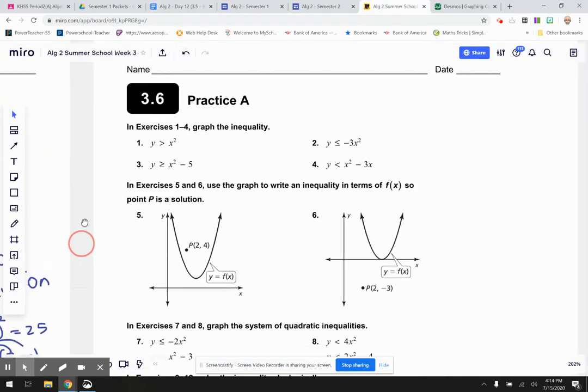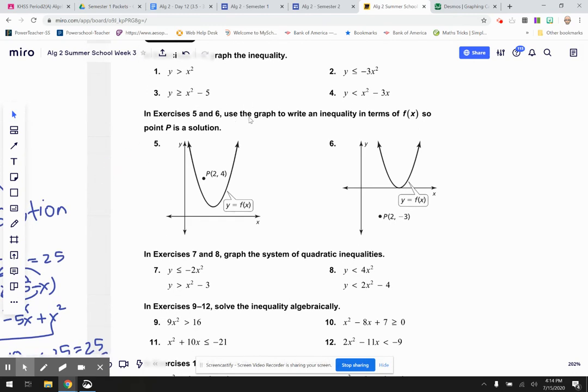Then numbers 5 and 6. Use the graph to write the inequality in terms of f of x with p as a solution. Okay, so this will just be greater than because it's above the vertex there. Okay, so we would just put y is greater than or equal to because it's solid.